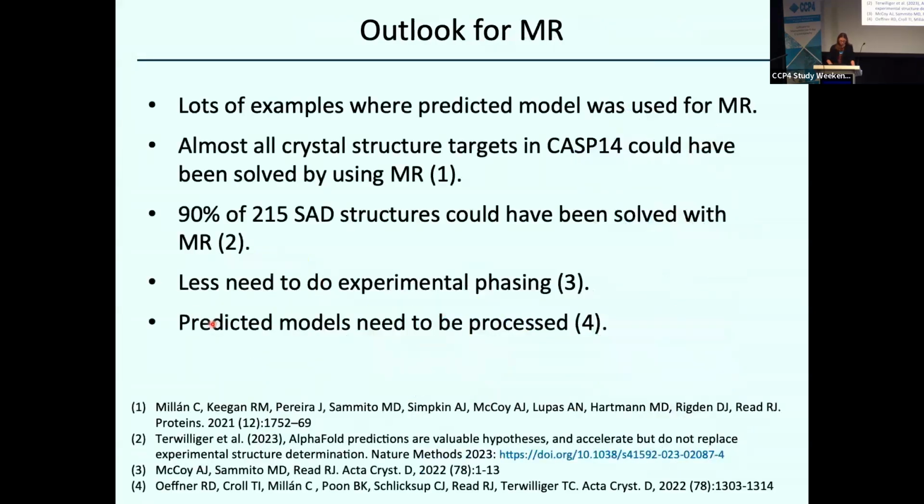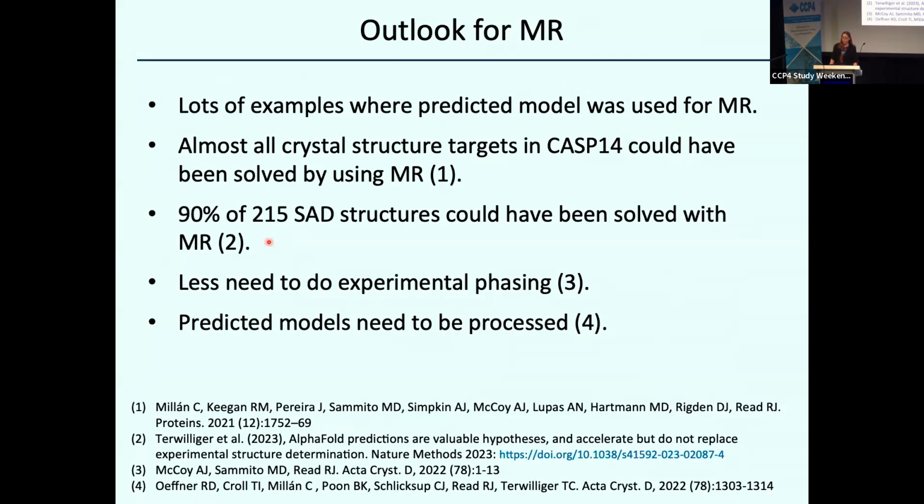So here's a little outlook for predicted models and molecular replacement. I'm sure many of you have seen examples where a predicted model was used, either yourself or in papers or maybe some collaborators. Claudia Millán has shown that almost all crystal structure targets in CASP14 could have been solved by using MR. In Tom Terwilliger's study, he showed that 90% of 215 SARS structures could have been solved with molecular replacement.